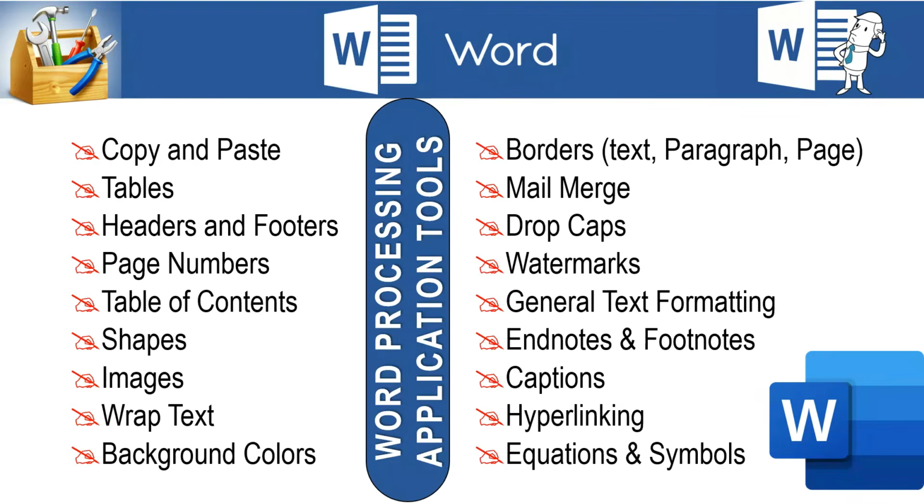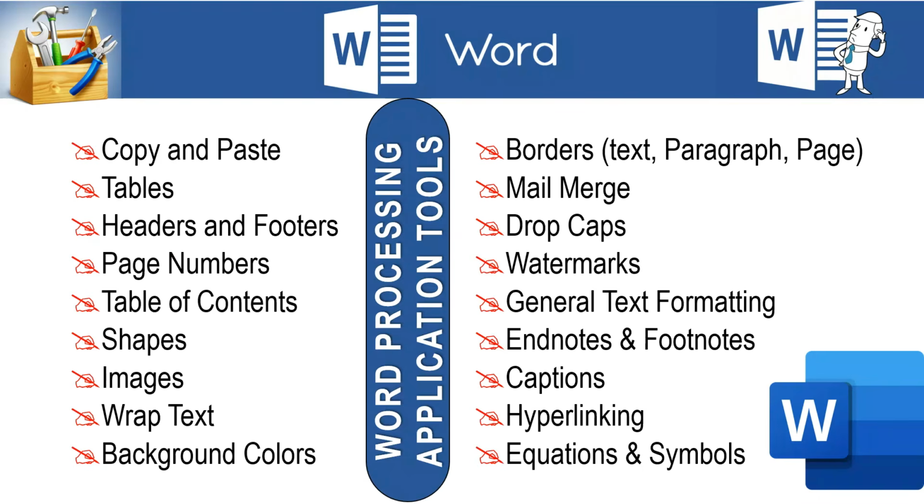Now, when we talk about word processing and its relevant application tools, which tools are we talking about? You can mention things like copy and paste. For example, you have created multiple pages and you are copying content from one page to another.